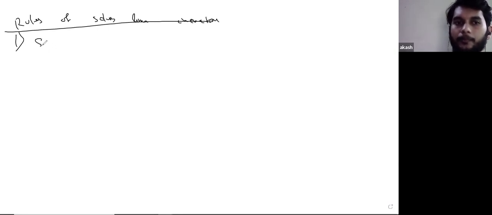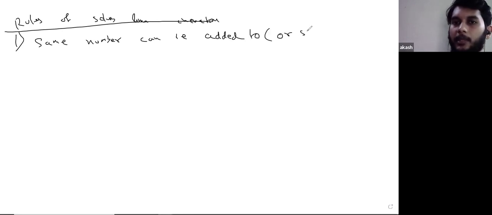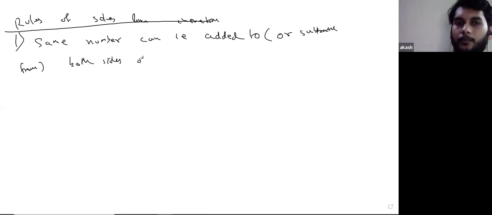What is the first rule? Same number can be added to or subtracted from both sides of an equation without changing its sign.